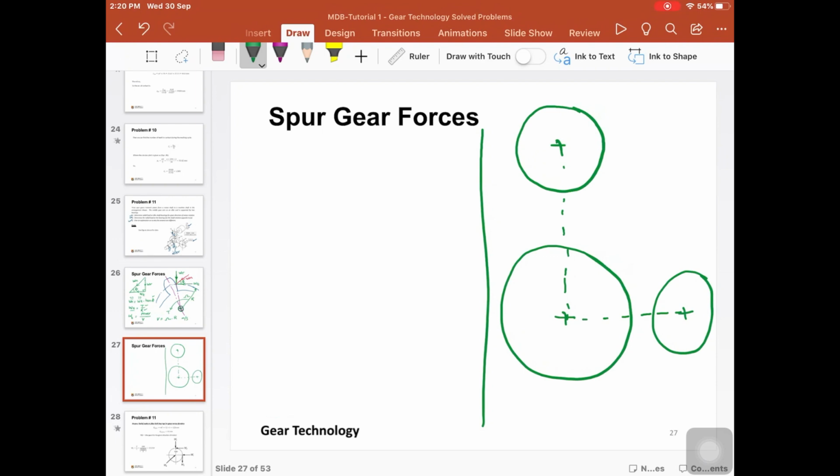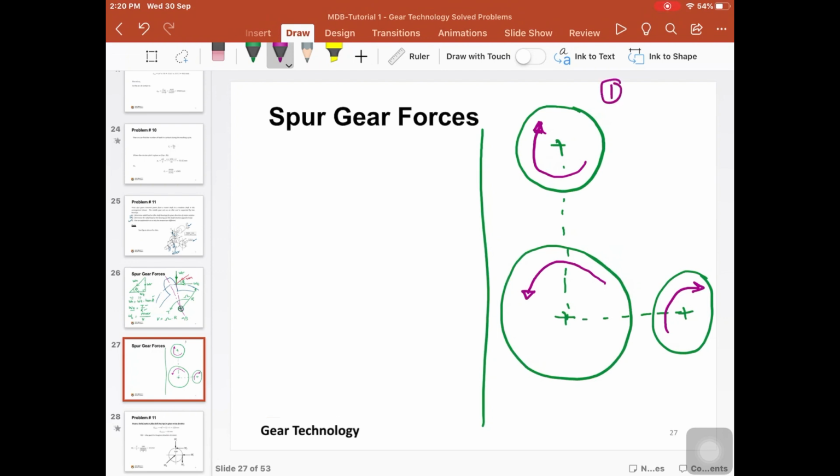In this case, the pinion rotates in the clockwise direction, and consequently the idler gear is going to rotate in the counterclockwise direction, and the output gear rotates in the clockwise direction. So this is case number one.